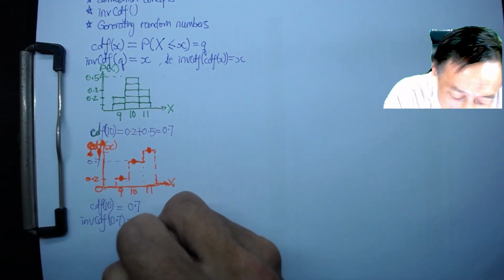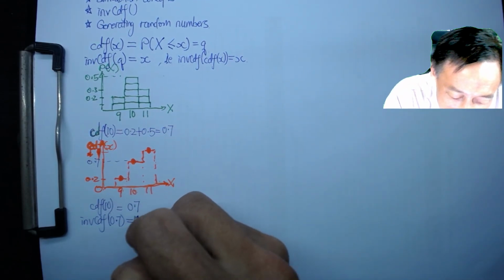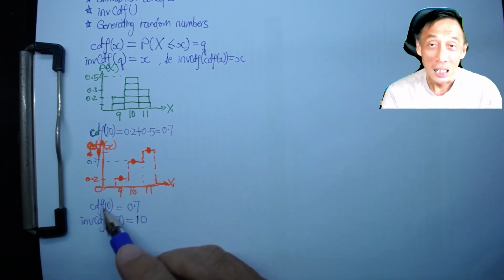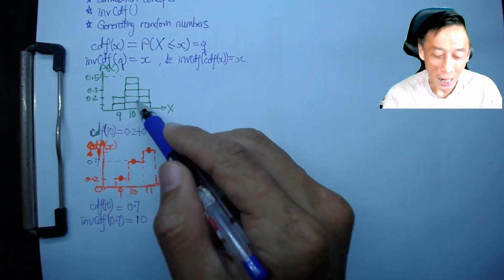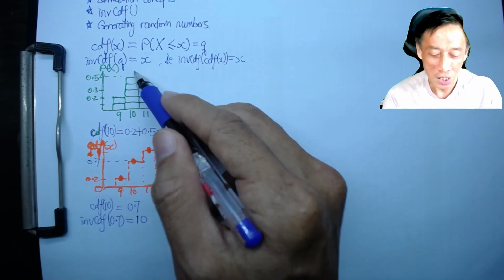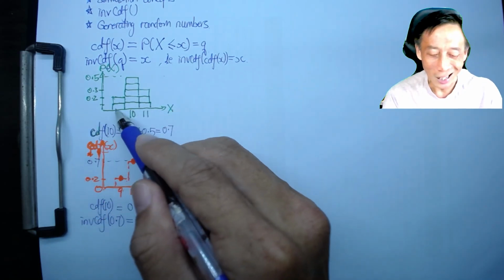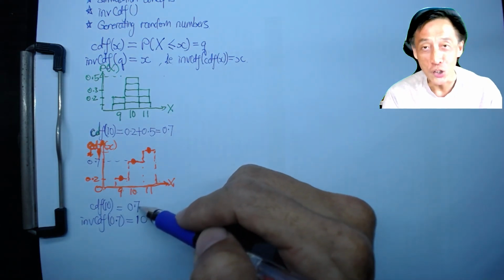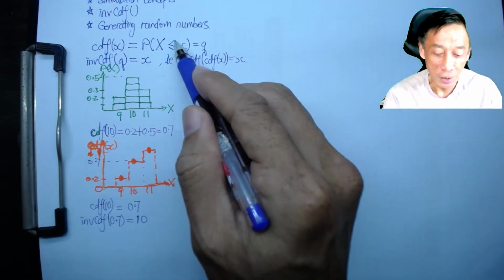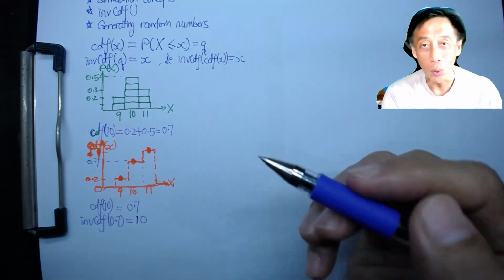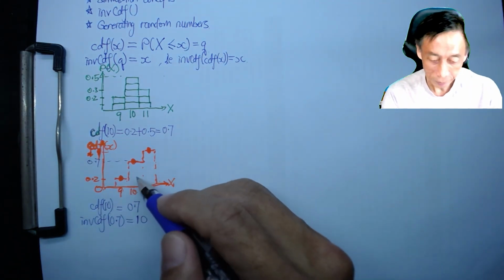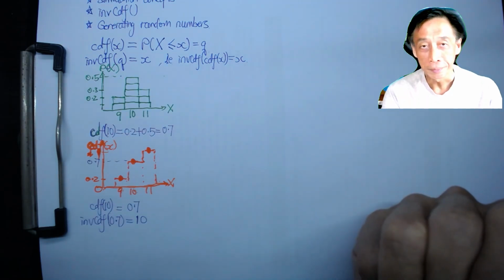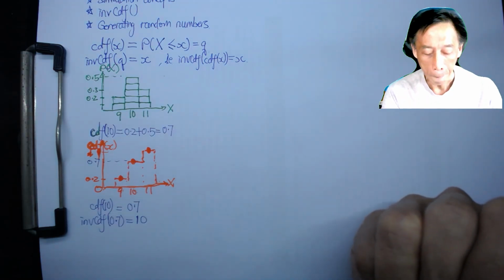So we can just swap the values, because what is the rightmost value such that the probabilities add up to no larger than 0.7? The definition is less than or equal to 0.7. And so the answer is 10.